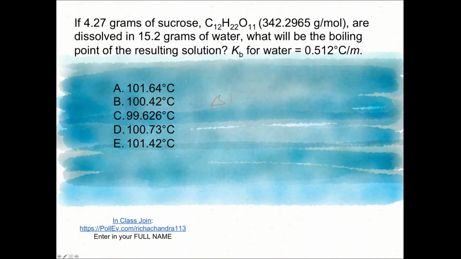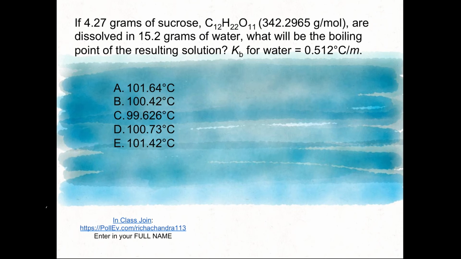So the change is equal to that boiling point elevation constant for water, which is provided here, times the Van 't Hoff factor, and it's okay to use the theoretical in this calculation, times the molality. So press pause and answer this question.